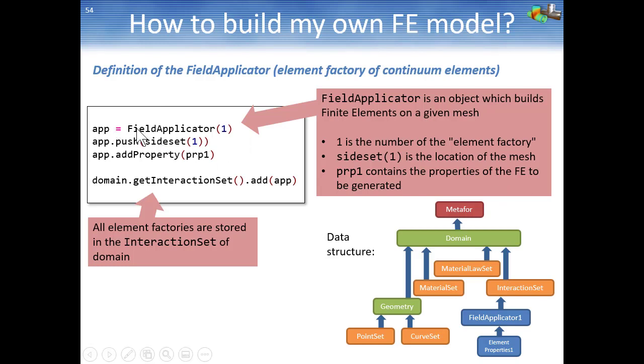So you see here, this field applicator, number 1, links the geometry, the side 1, which is your square, with the property. And the property is linked to the material, which is linked to the material law. So everything is linked, and what makes the link is this field applicator.